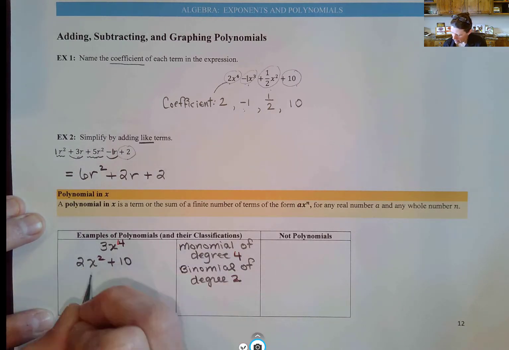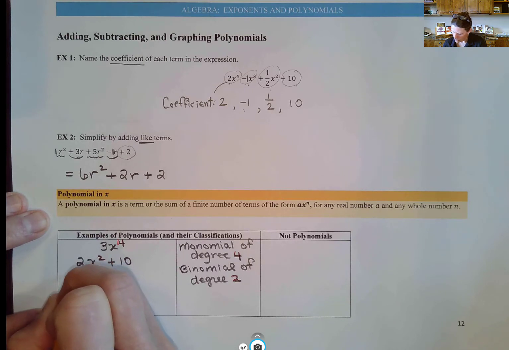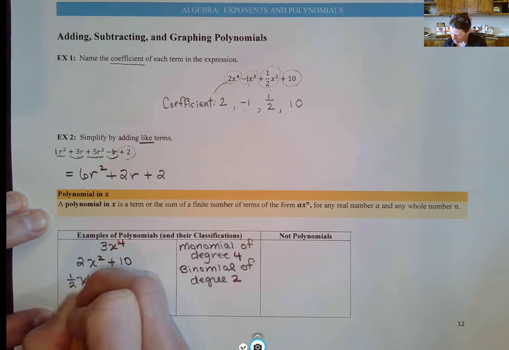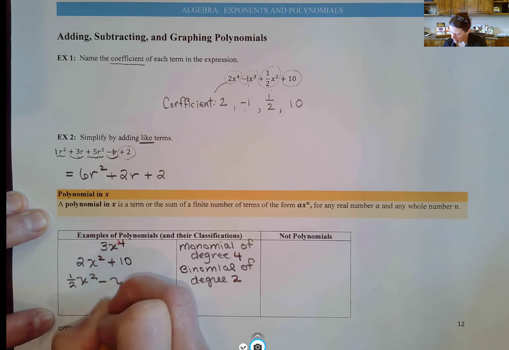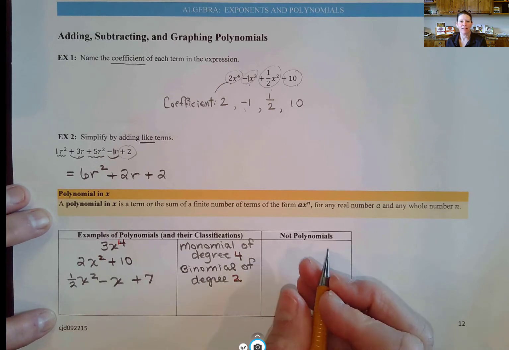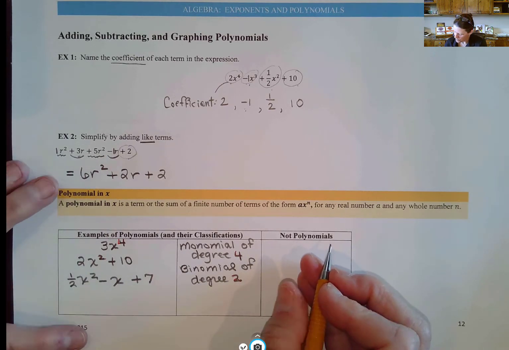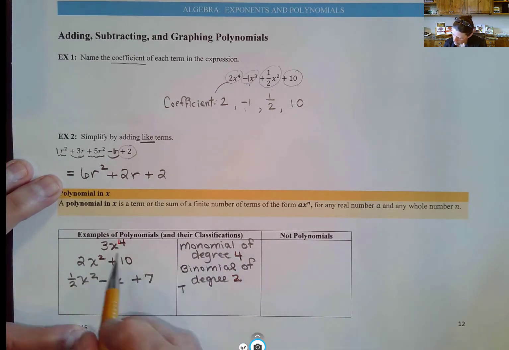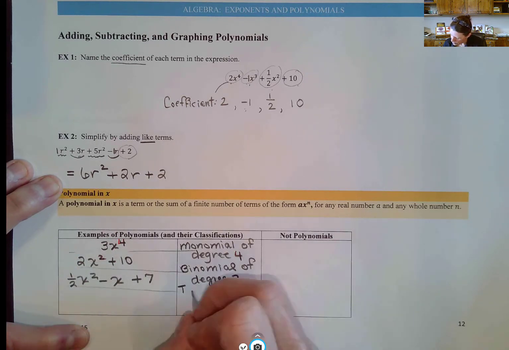If we look at a three-termed polynomial, say 1/2 x squared minus x plus 7. This is three terms, or we might call it a trinomial. Okay, so there's our monomial, there's our binomial, here comes our trinomial.